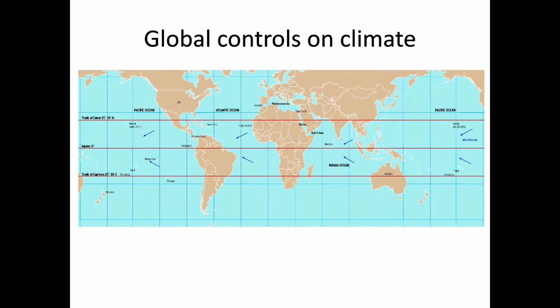If we take Brazil here, which is near the equator, it's going to be warm because it's near the equator, obviously, but it's also going to be wet because it's an area of low pressure, hence why we have the Amazon rainforest. If we take this part of the world, the Sahara Desert in northern Africa, we know it's going to be hot because it's near the equator, fine.